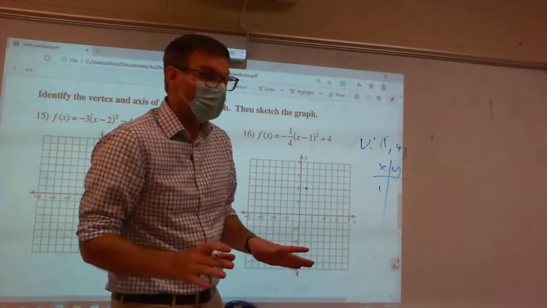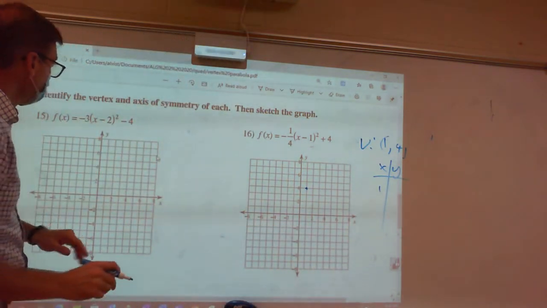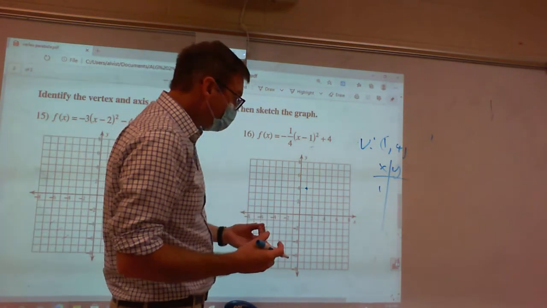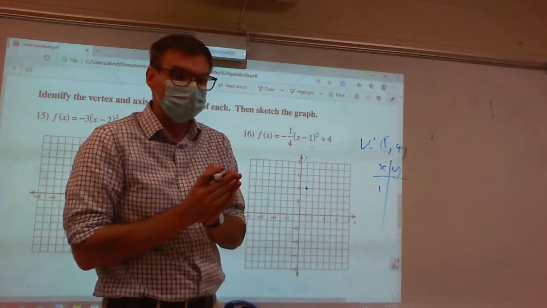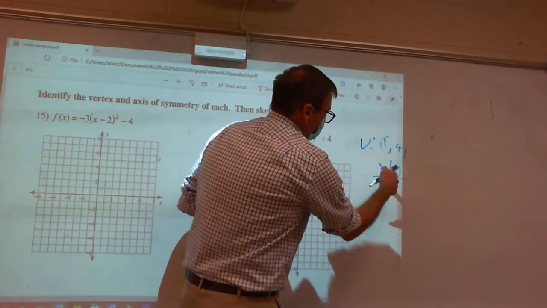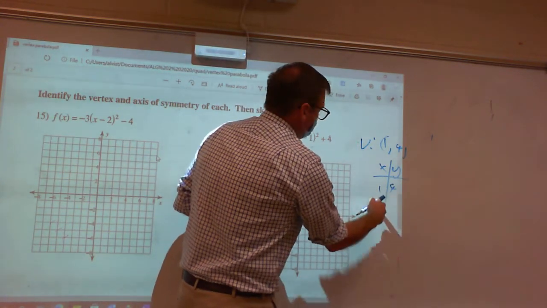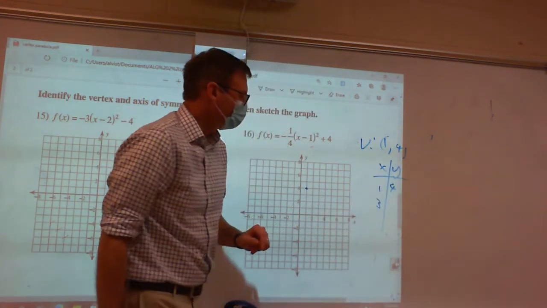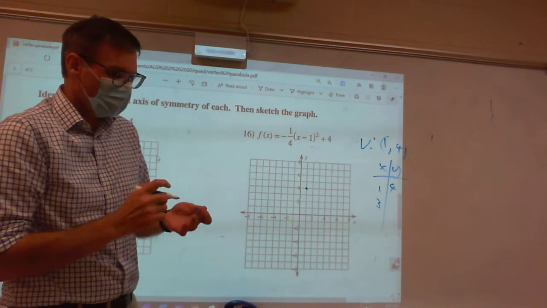And actually, most of the time it works. It's going to work for anything that doesn't have a fraction. But if it has a fraction, sometimes you have to go a little bit further away. So for this particular one, when I plug in 1, I get 4. I'm not going to plug in 2, I'm going to plug in 3. And you'll see why that gives me a nicer answer.